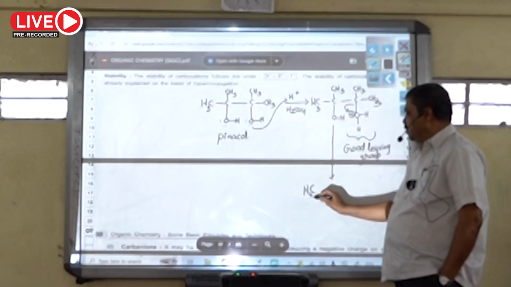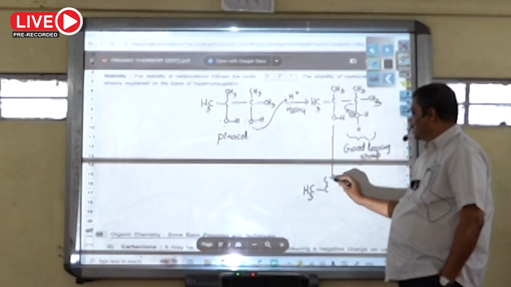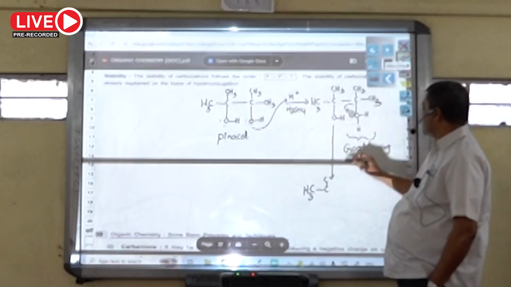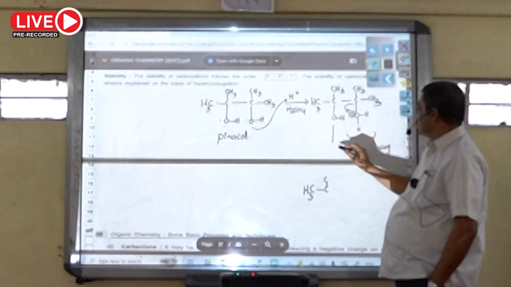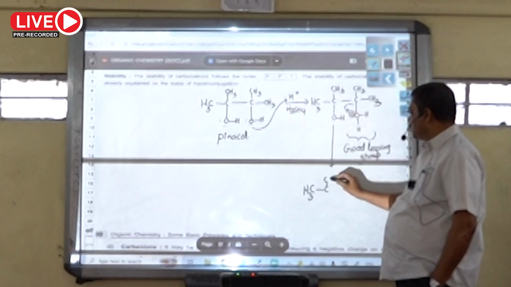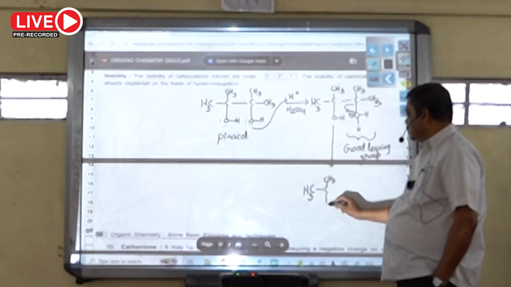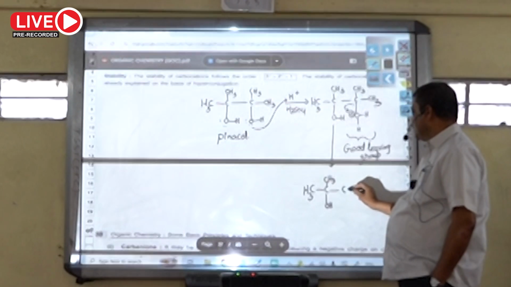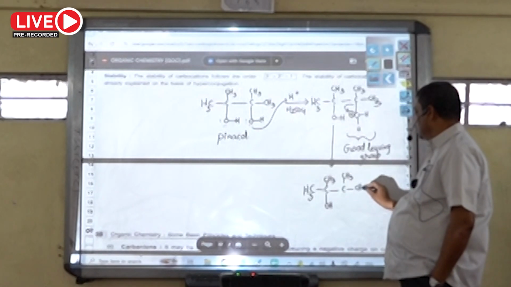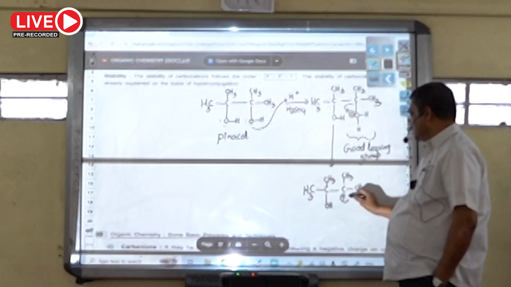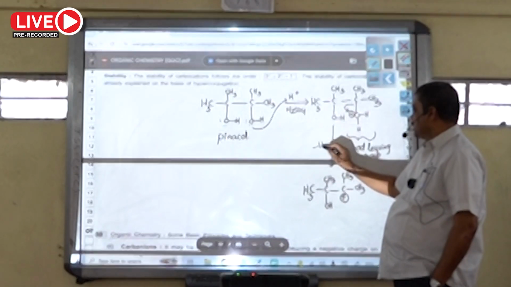So after losing water, now it becomes a carbocation. Here, minus water.